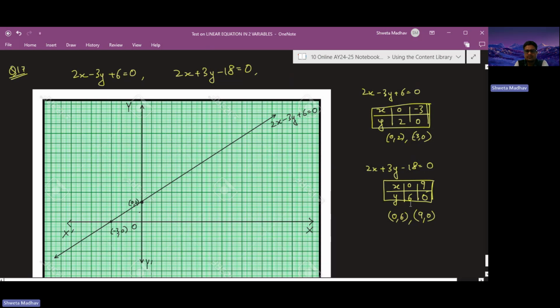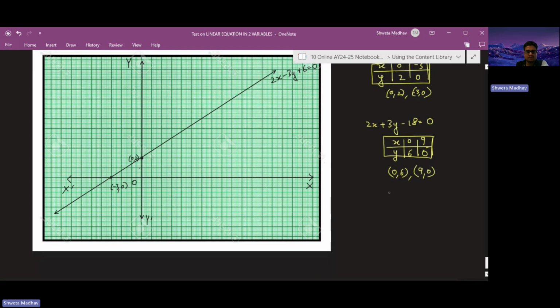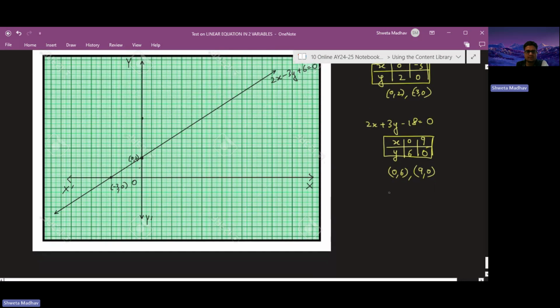And then here we need (0, 6) and (9, 0). We have to plot and extend them on both sides so as to get the straight line 2x plus 3y minus 18 equal to 0. So (0, 6) will be 1, 2, 3, 4, 5, 6. Yeah, so this is your (0, 6) point. And for (9, 0), the origin is obviously (0, 0), and then 1, 2, 3, 4, 5, 6, 7, 8, 9.